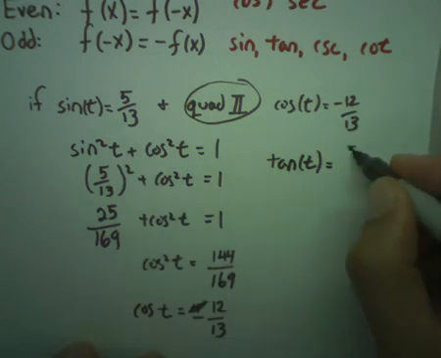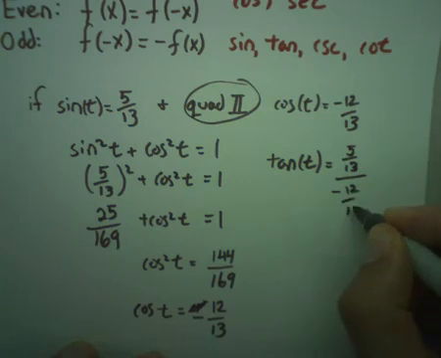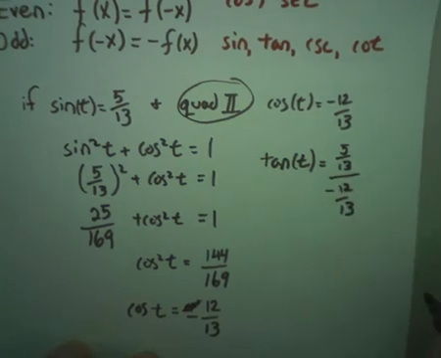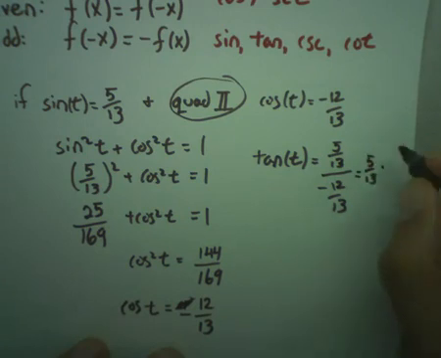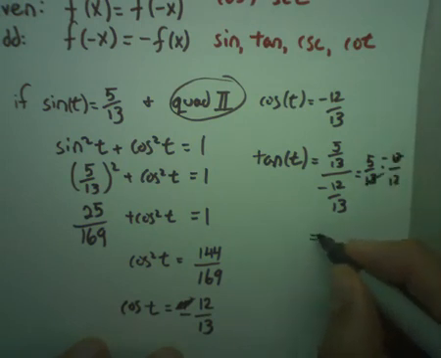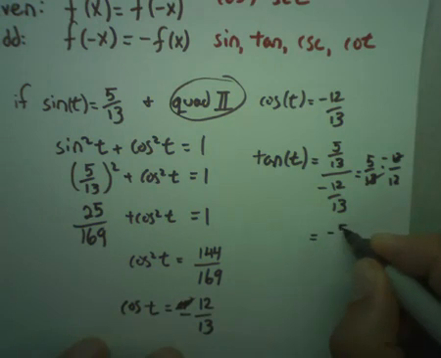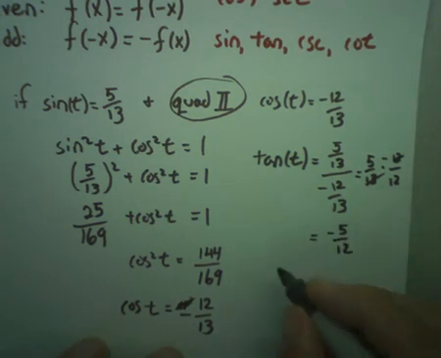So it's 5/13 over negative 12/13. Flip and multiply. You get 5/13 times negative 13/12. Cancel. So tangent is equal to negative 5/12.